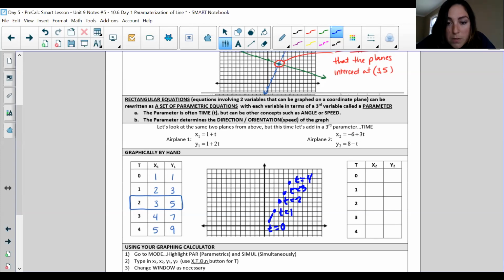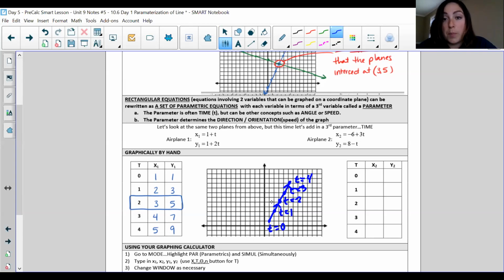So the direction is moving that direction. We have 3 things that we need to graph when we're graphing a parametric equation: arrows to show the direction, time to show position at time, and then of course the actual position. So these 3 components together make up the graph of parametric equations.